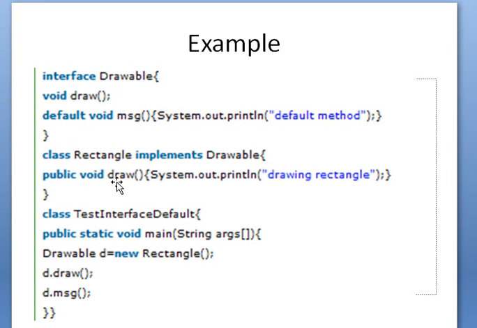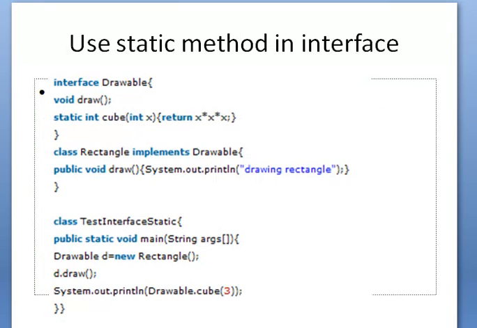So how can we use it? We can use it with d.message. d is a reference of the interface, that's why it is capable of calling the message method. So d.message will go into the interface, process it, and serve the requirement. So this is an example of default.